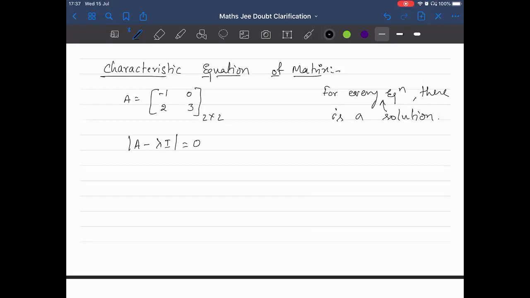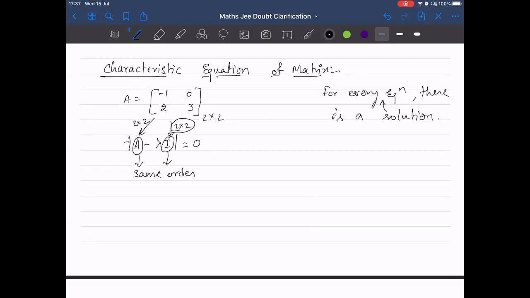Remember, here we have two different matrices, A and I. When subtracting two matrices, the two matrices should be of the same order. We already know A is a 2 by 2 matrix, so I should also be a 2 by 2 matrix.